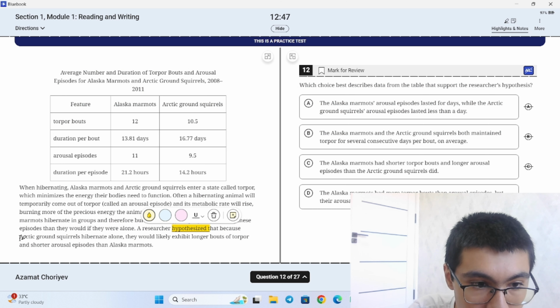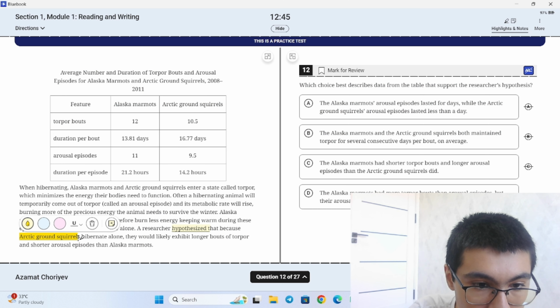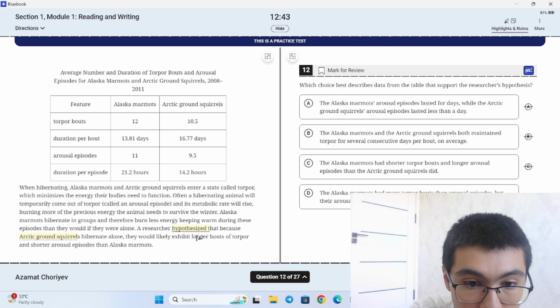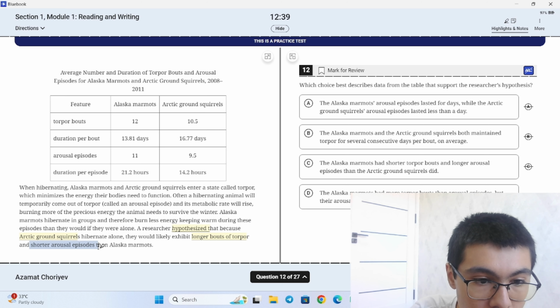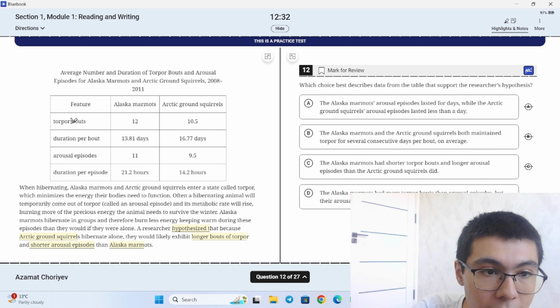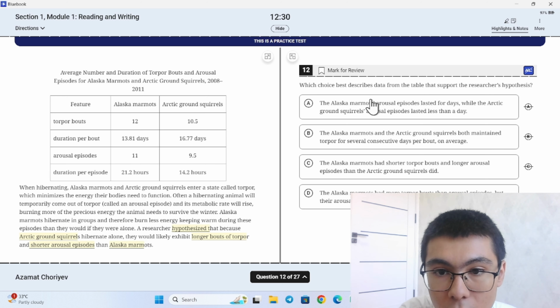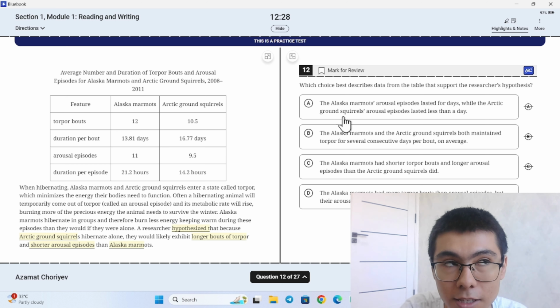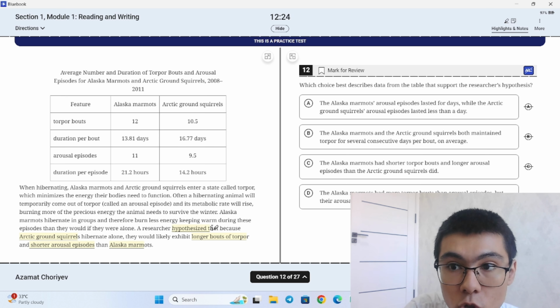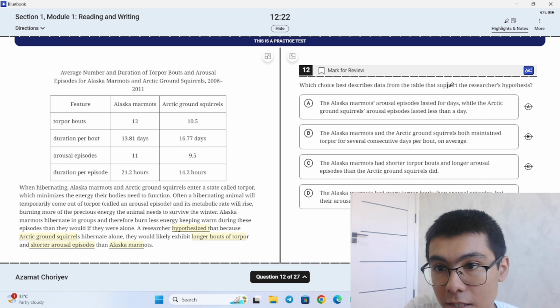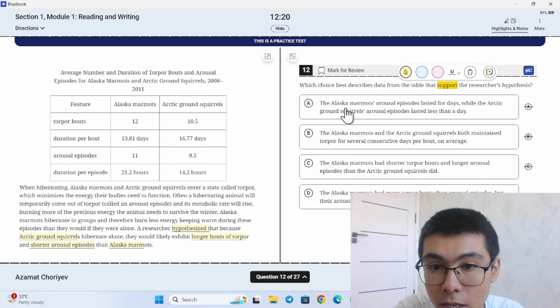Hypothesize that because Arctic ground squirrels hibernate alone, they have longer bouts of torpor and shorter arousal episodes than Alaska marmots. We don't care about how many we have, we care about the duration. So the correct answer choice has to both tell it accurately and support this. Is it supporting? Yes.